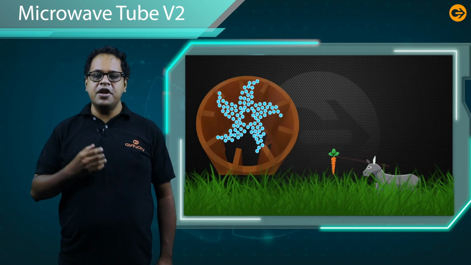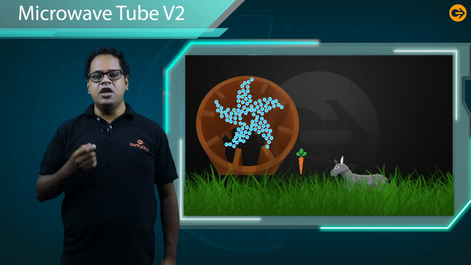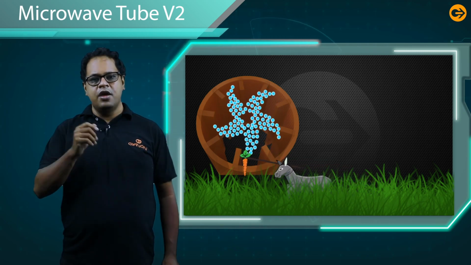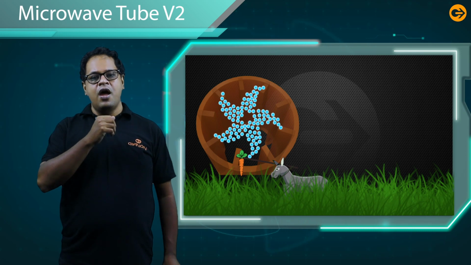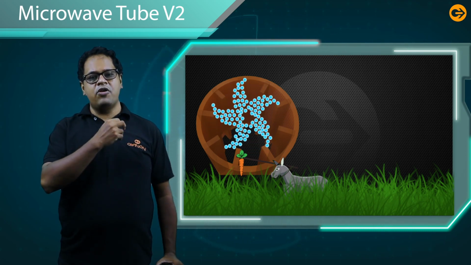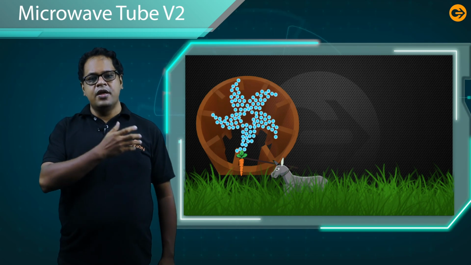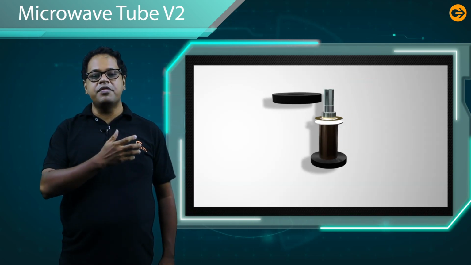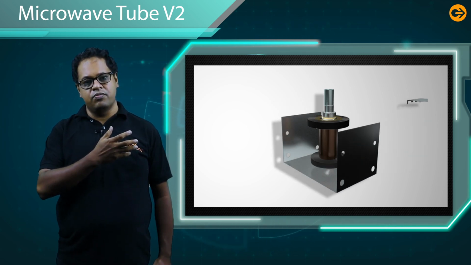You can compare this phenomenon with a donkey moving with a carrot. If the carrot is moving, the donkey will move according to the carrot's movement. That means there is an oscillation. Similar phenomena take place in this magnetron.